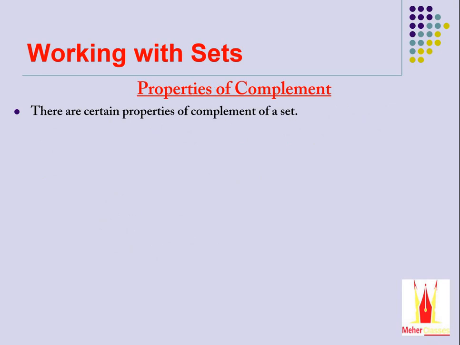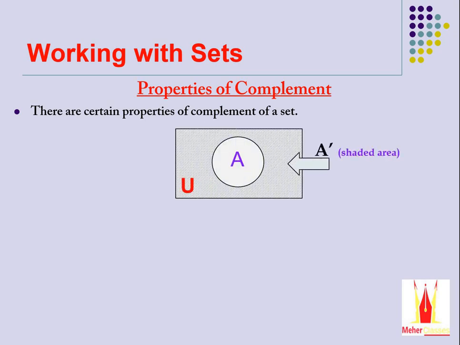Let's talk about some properties of a complement. So there are certain properties of a complement of a set. This is the Venn diagram, and you can see that this portion, the shaded area, is A dash, because this section I'm considering as A. So whatever is left outside is A dash, and this whole area including A is U. So there are certain properties that you need to remember, that the complement of the complement of A would be the original set.